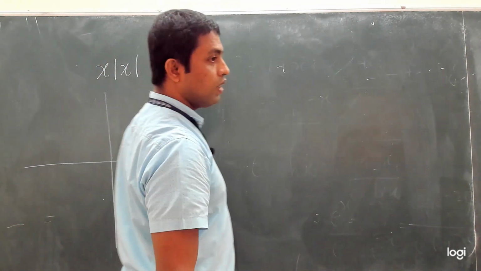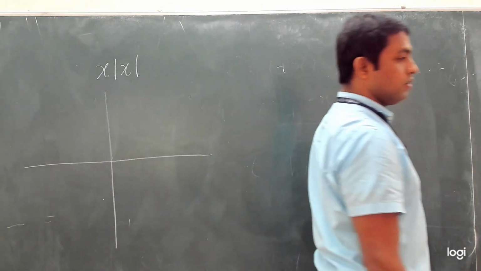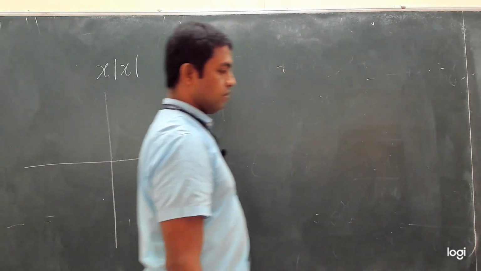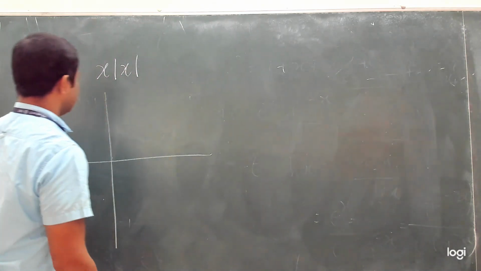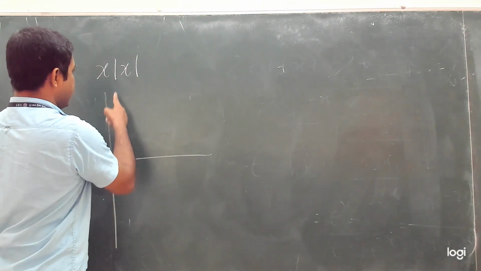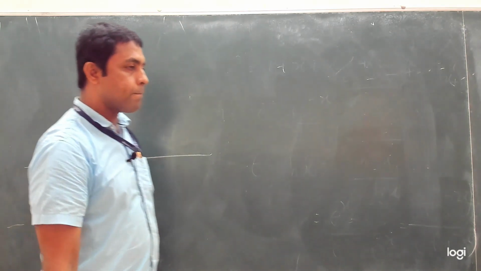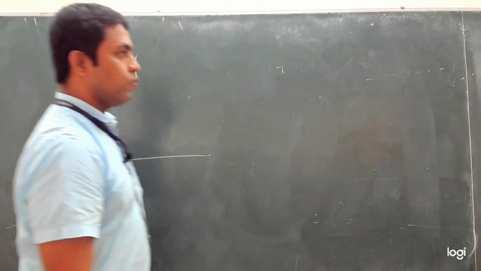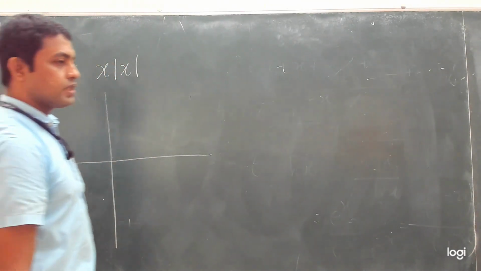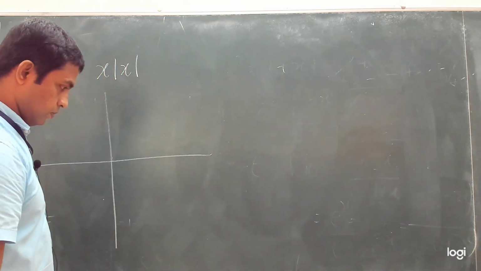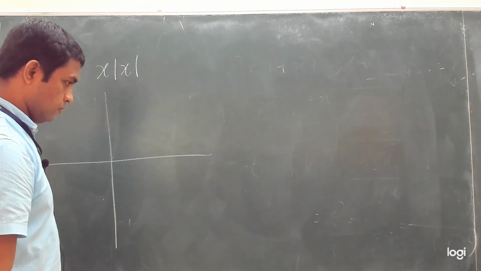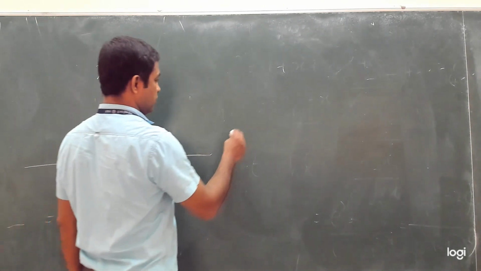And is there a maxima or minima? No, sir. Only a point of inflection. Okay. So, at x is equal to 0, what is the value? 0. When x tends to 0 plus, what is the value of this? It should be positive. At infinity, it will go to infinity.